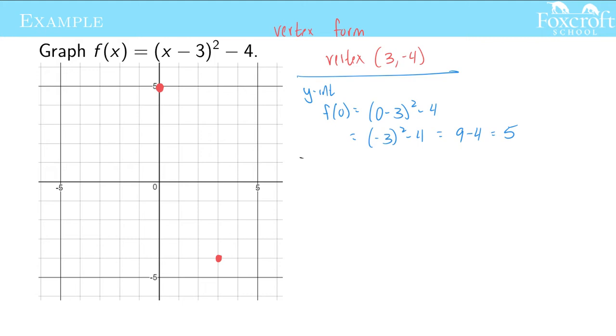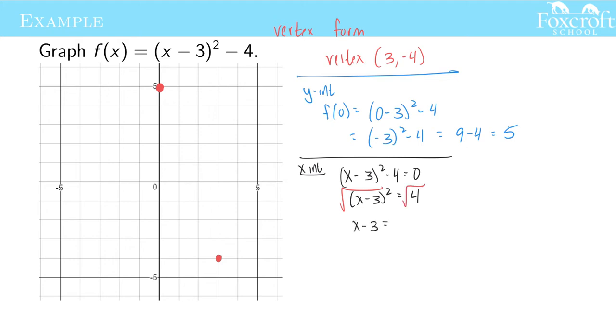And then the last one, my x-intercepts. I take my equation and set it equal to 0. As we saw in the intercept video, if it's in vertex form, I tend to do the square root method. So I'm going to isolate the square by adding 4 to both sides. Then I can do the square root.